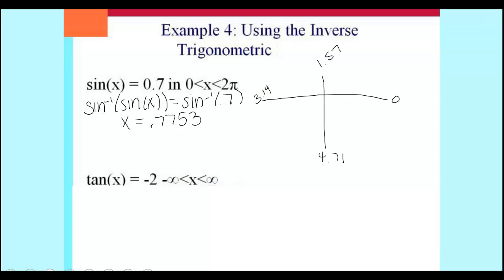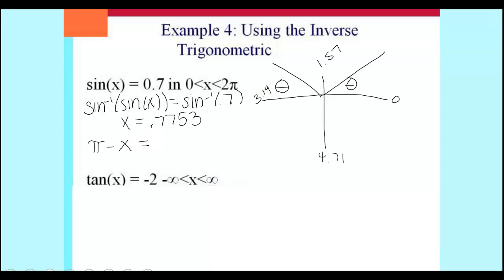So, sine is positive in quadrant 1, and what other quadrant? 2. So that means one angle lives here, so the other angle lives here. To find the other angle, I'm going to take pi minus x, which is 0.7753, and get my answer.